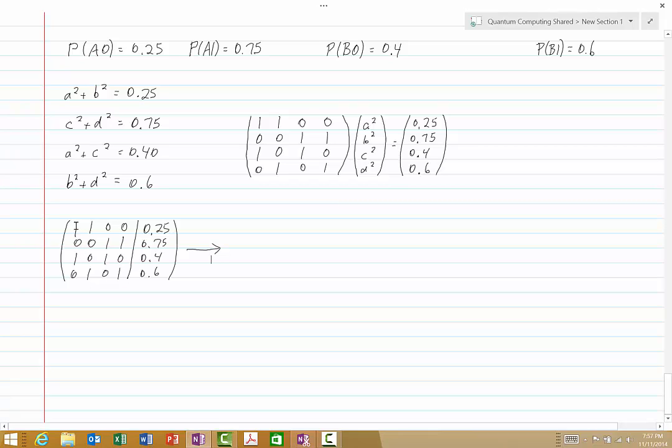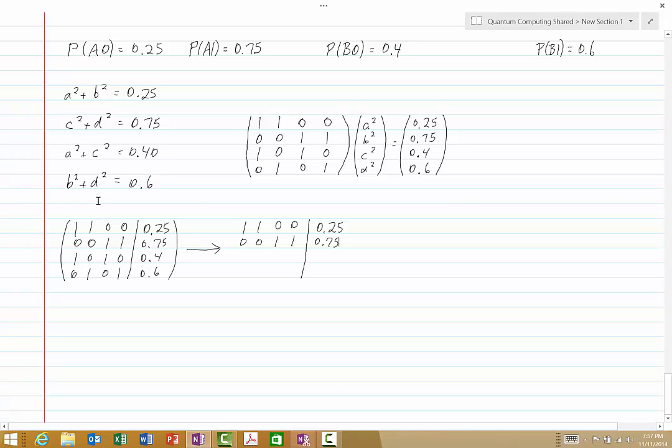So if I add the negative of the first row to the third row, I can get rid of this 1. So let's do that. We'll have 1, 1, 0, 0, and we're not going to bother the second row yet at all. So 0, 0, 1, 1, 0.75. But as I said, we add the negative of the first row to the third row to get rid of this 1.